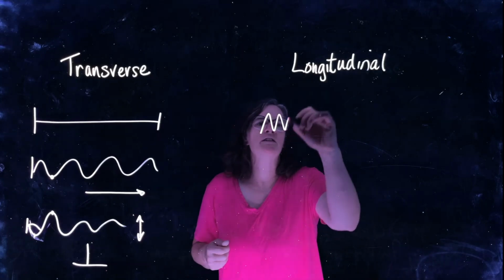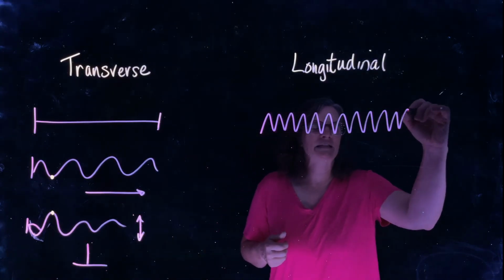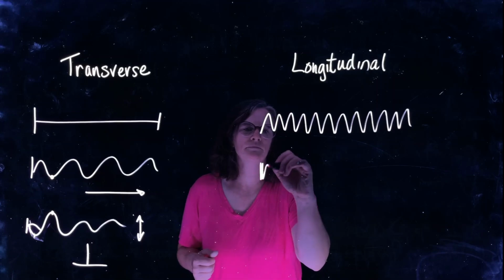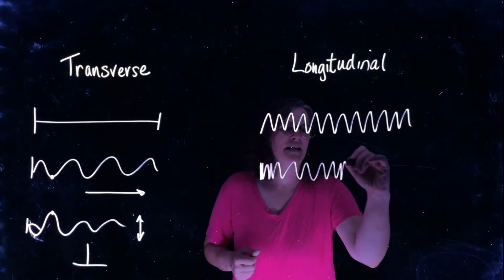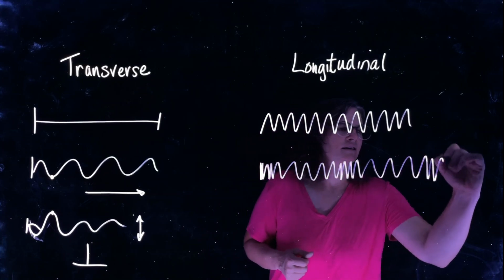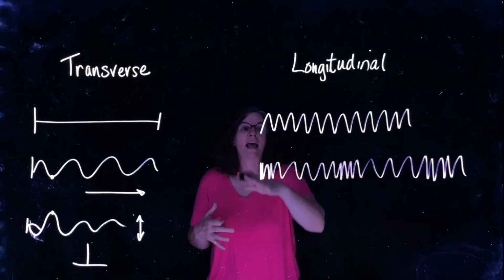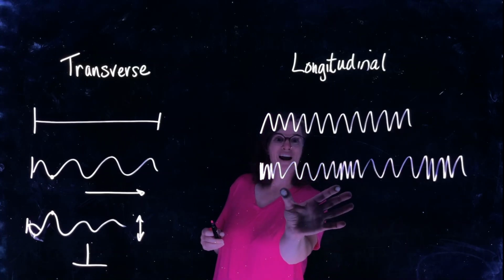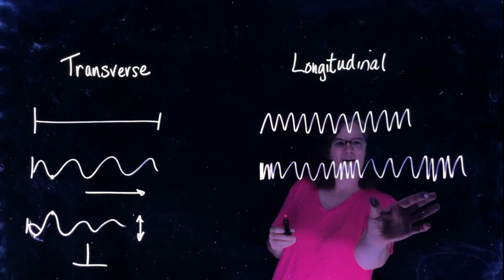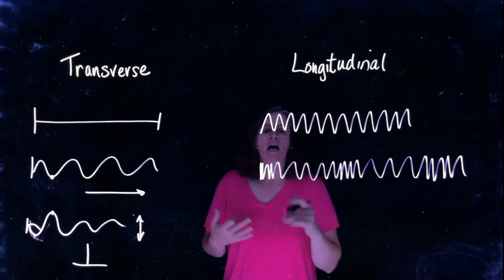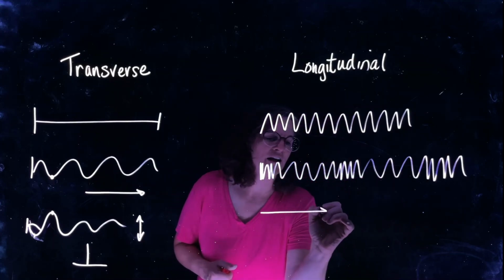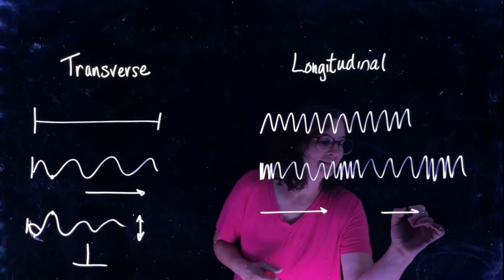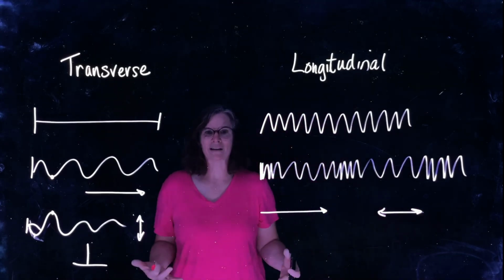So let's imagine this is my slinky. This isn't a wave, this is the slinky itself. And I do a compression, and then I have this space, and we see a wave motion: compression, we call this rarefaction, compression, rarefaction, compression, where the wave is traveling in that direction and the medium is moving in a parallel direction.